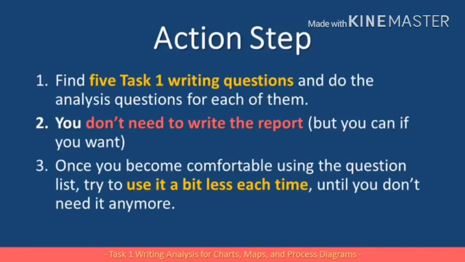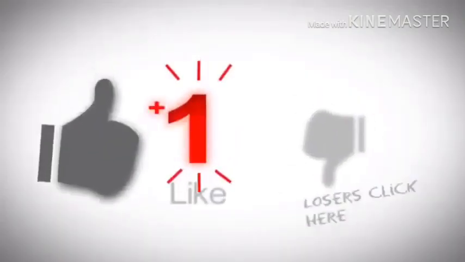Practice your analysis. Once you become comfortable using the question list, try to use it a bit less each time until you don't need it anymore, until it's so easy for you to analyze it that you don't need to read through each of these questions, but you can be confident you're not missing any information.